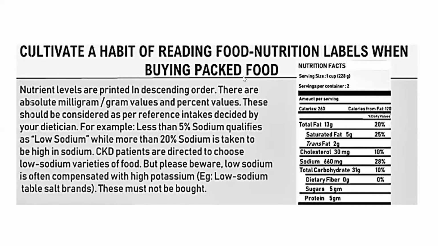For example, less than 5% sodium qualifies as low sodium, while more than 20% sodium is taken to be high in sodium. CKD patients are directed to choose low sodium varieties of food, but please be aware: low sodium is often compensated with high potassium. So these must not be bought.